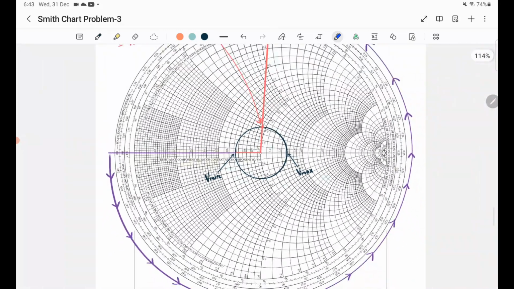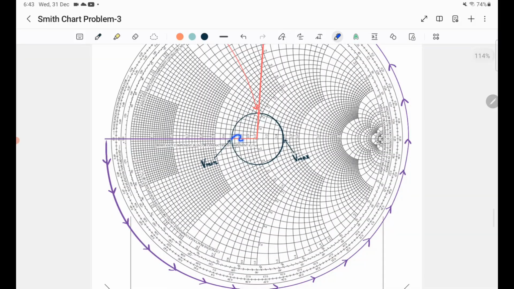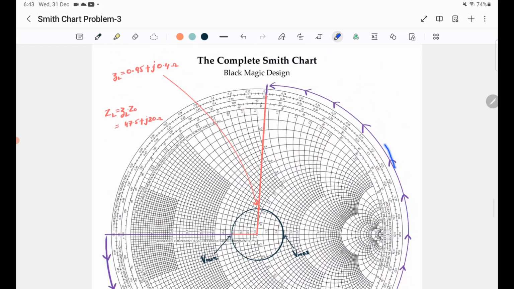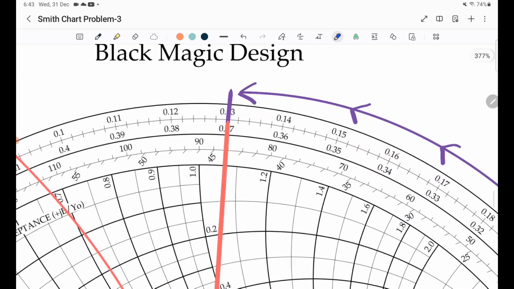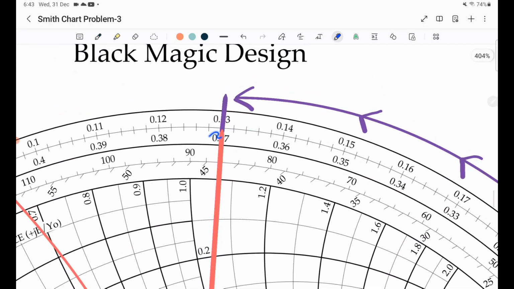Since this is the position of the V min, from here, if you move 0.37 lambda all the way up here, you will find this is 0.37. Let me show you. See, this is 0.37.